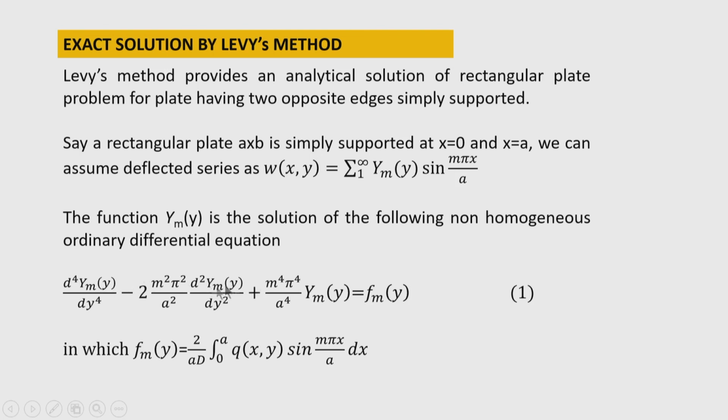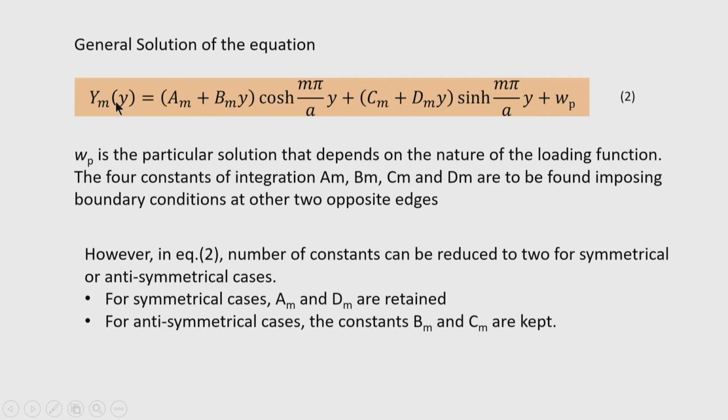That differential equation has been solved with repeated roots found for the characteristic equation for the homogeneous solution, and the homogeneous part of the solution is given by this function: A_m cosh(m pi y by a) plus B_m y sinh(m pi y by a) and so on, plus the particular integral or particular solution.